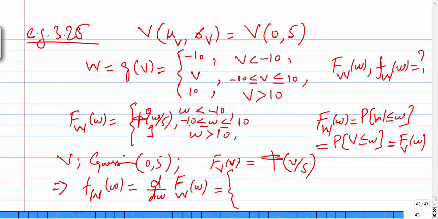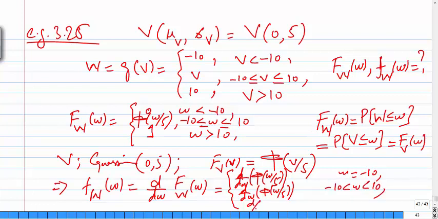So I take the derivative of phi of w by 5 when w is minus 10, then the derivative of phi of w by 5 when w is between minus 10 and 10, and then the derivative when w is equal to 10.